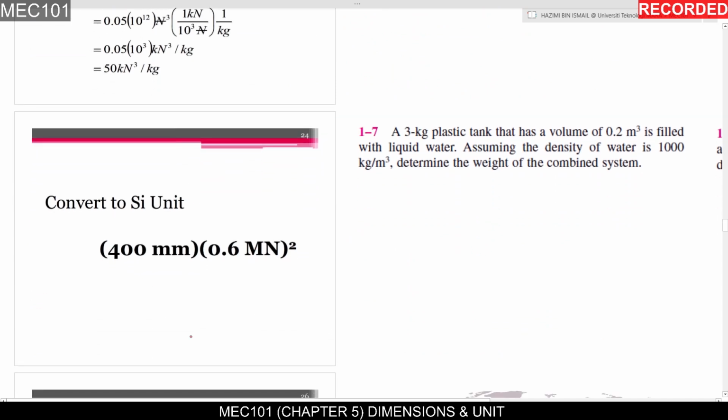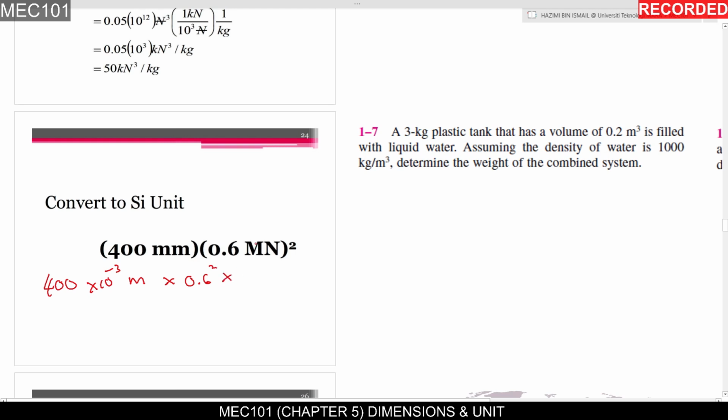Okay, let's try this one first. Convert to SI unit, 400 millimeter times 0.6 mega Newton squared. So you will get 400 milli, 10 to the power of minus 3 meter, times, okay, this one is squared, so 0.6 also squared, mega here also squared.